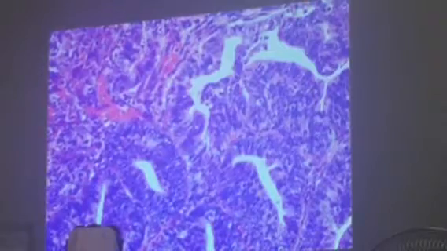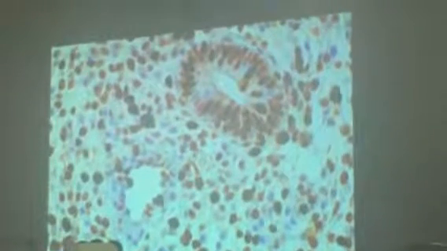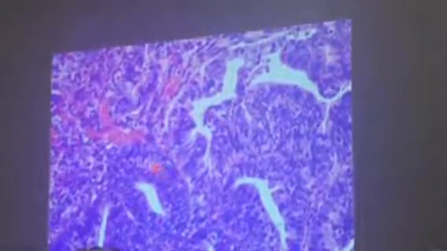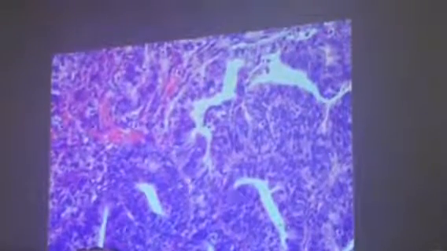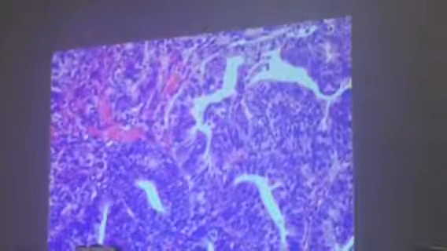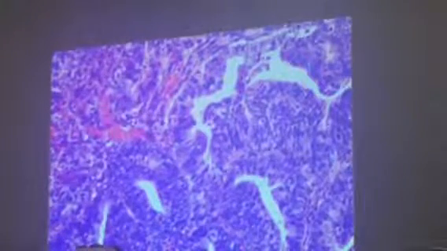So yung proliferative, let's go back to the high power view of a proliferative gland. Yan. Okay? The proliferative nucleus is oval. Okay? Kasi it's compressed, di ba? So it's very oval. But the moment they become round and plump like this, atypia na siya. Okay? And you may even see prominent nucleoli or nucleolus.